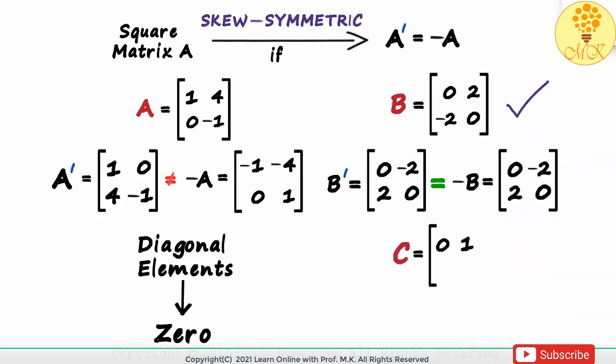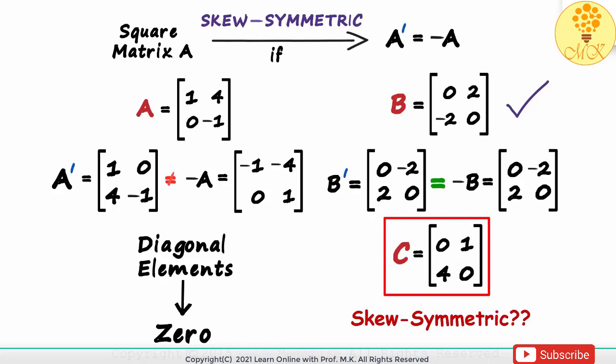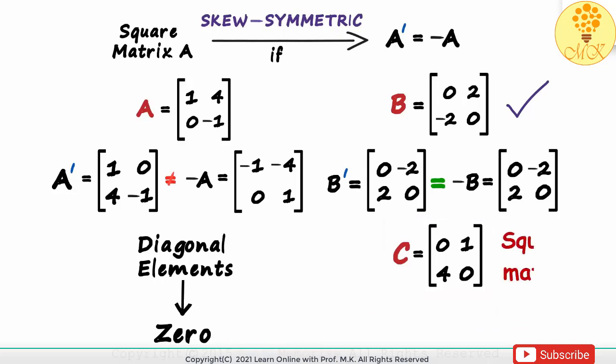What about matrix C? Is it skew-symmetric? It is a square matrix and its leading diagonal elements are 0. So it may be a skew-symmetric matrix. We find C transpose first. The first row is written as the first column and the second row is written as the second column.